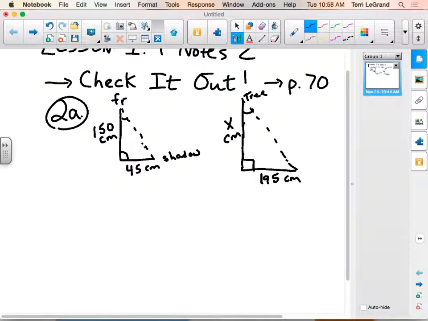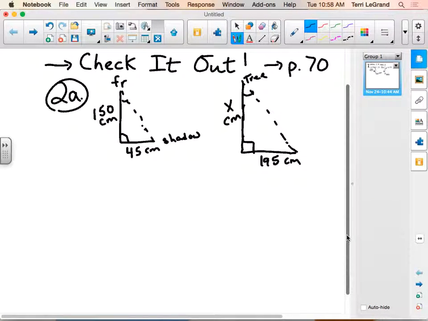Okay. So, what do you want to do, Jossie? How many centimeters tall over how many centimeters long? Okay, so you want to do it for the man in one ratio and the tree in the other? Yeah.